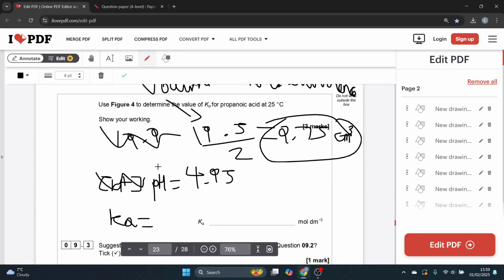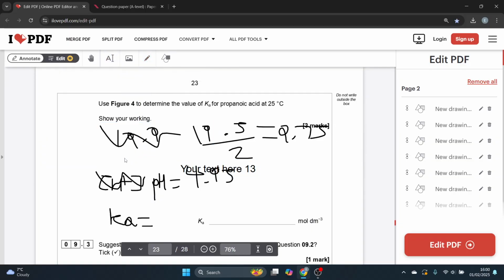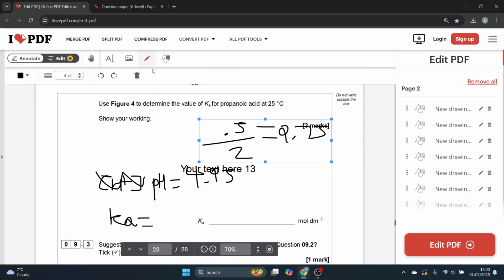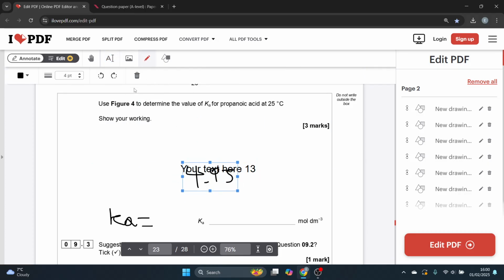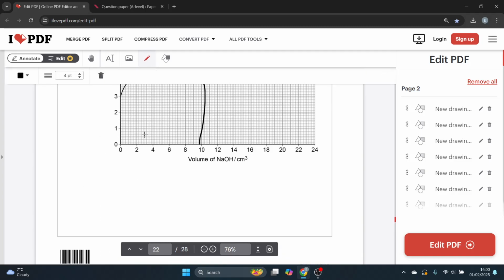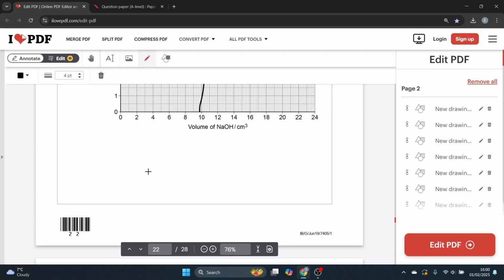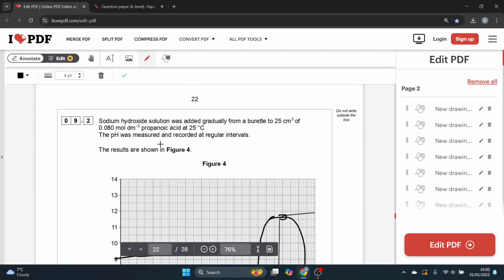Actually, I think there's a better way of approaching this. I think this is just confusing for myself and for you guys as well. Let's try an alternative method. So I know that sodium hydroxide was added gradually, but remember, here is when I've got 0 sodium hydroxide, so this is the pure acid.